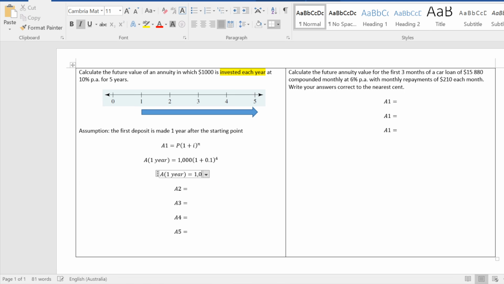So the first amount that was deposited at the end of the first year is going to be $1,464.10.